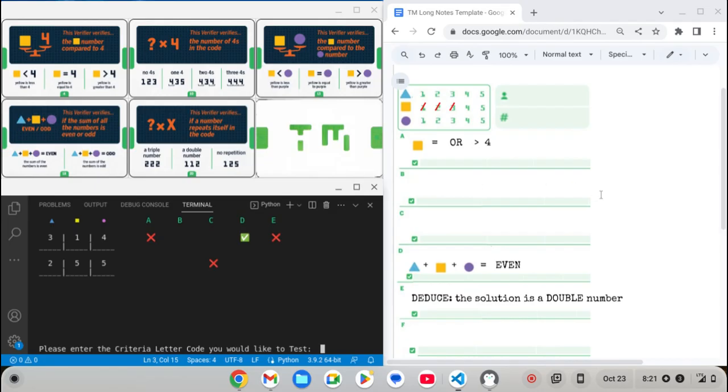Okay, so let's write it up as square is either less than or greater than circle. Okay, so what does that mean?